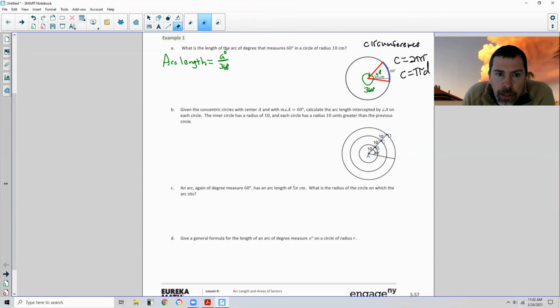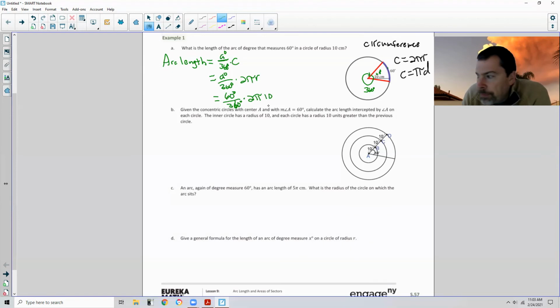Since we know the radius, arc length is the angle divided by 360 times the circumference. That simplifies to the angle measure over 360 degrees times 2 pi r. Now I put in my angle measure: 60 degrees over 360 degrees times 2 pi, and the radius is 10.